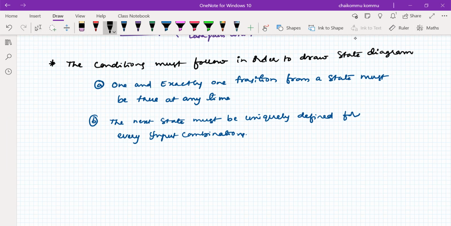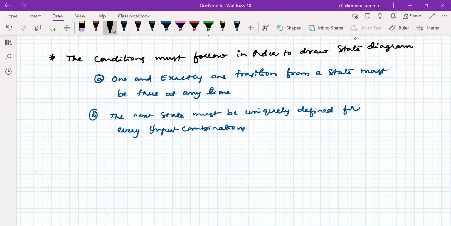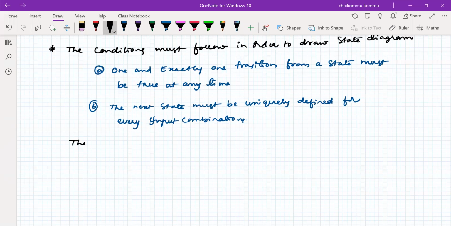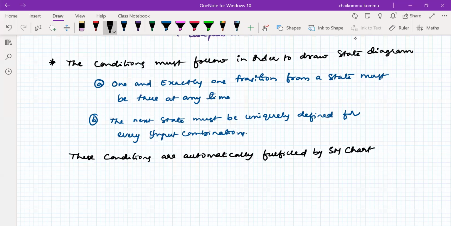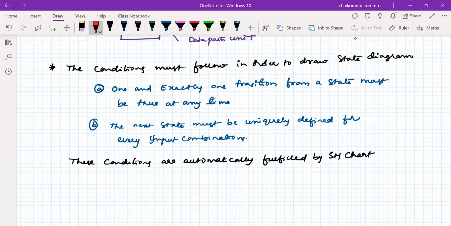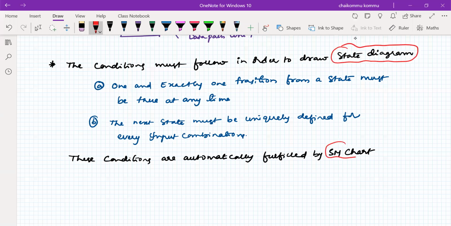Automatically these conditions will be fulfilled by the SM chart. Please remember, I'm using two different words: state diagram or state graph, and SM chart or ASM chart. Both are one and the same.